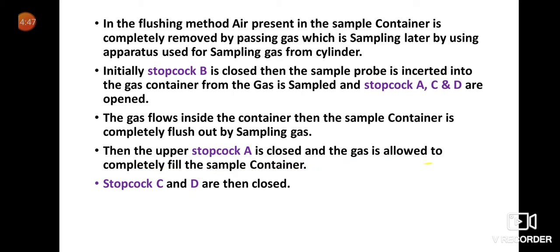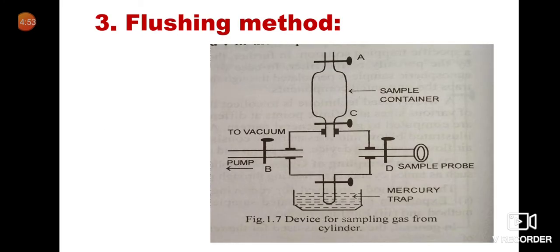The gas is allowed to completely fill the sample container. The excess gas coming through the delivery line into the device will be trapped in the mercury trap.